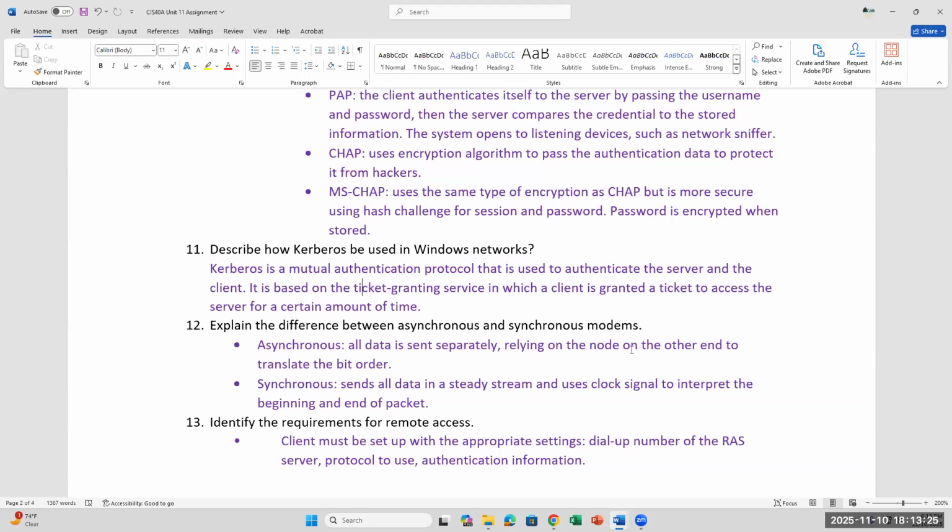But if you don't, then you just have to use DSL, and DSL uses modems, okay? So you often see that when they sell you the package, they just say DSL because most people don't know.